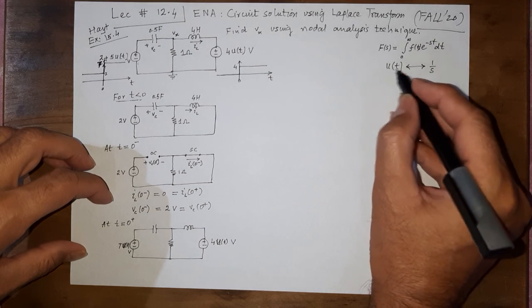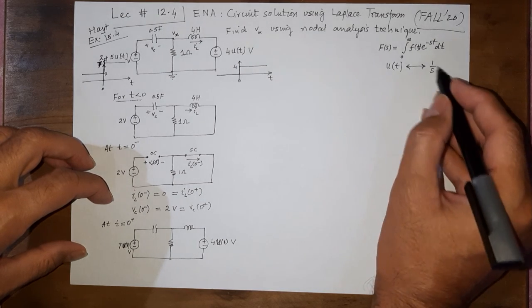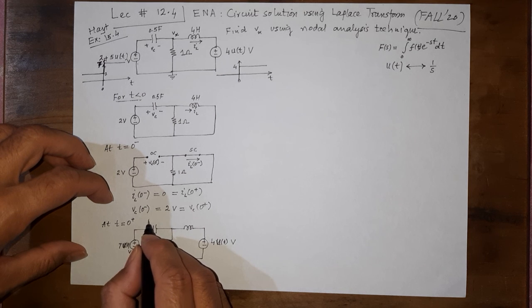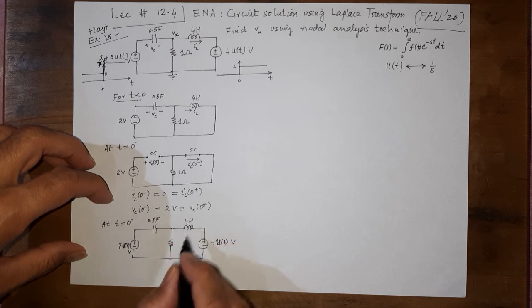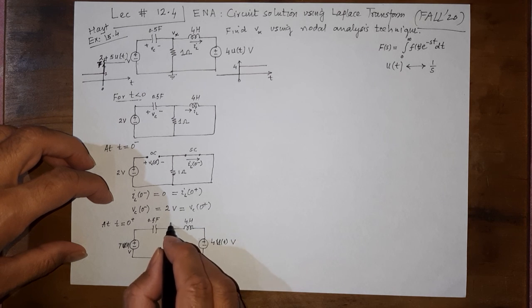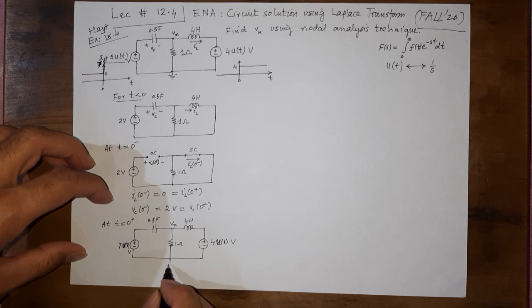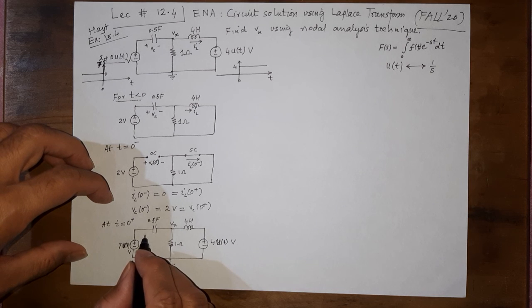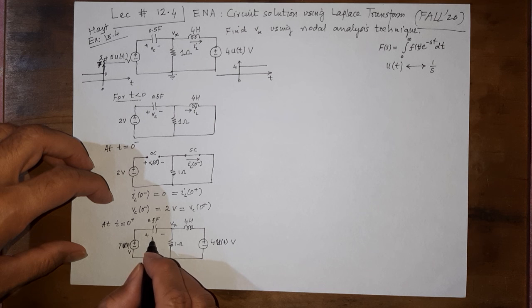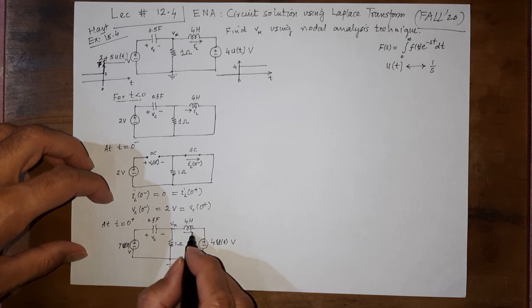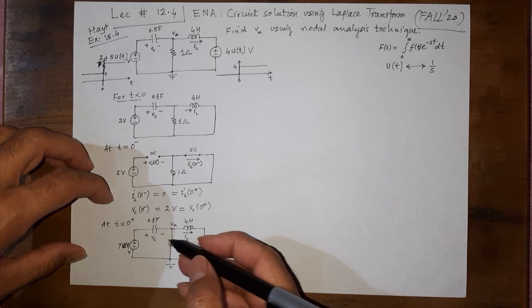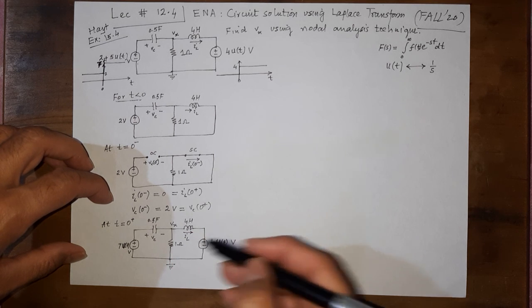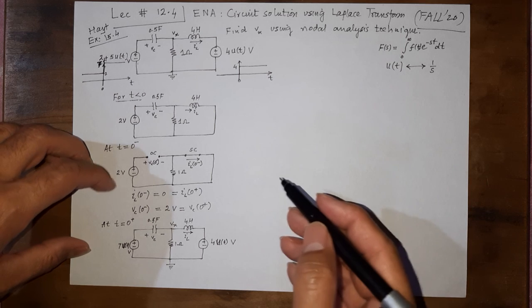So that of 4 u(t) would be 4 over s, and 7 u(t) would be 7 over s, and so on. But we will come to that later. So this is the circuit that we are interested in, except that now we know there is an initial voltage across the capacitor and no initial current in the inductor. We are clearly marking the voltage and current so that there is no ambiguity.